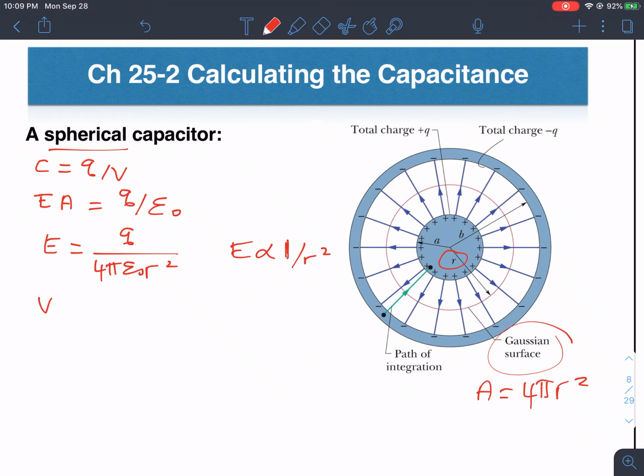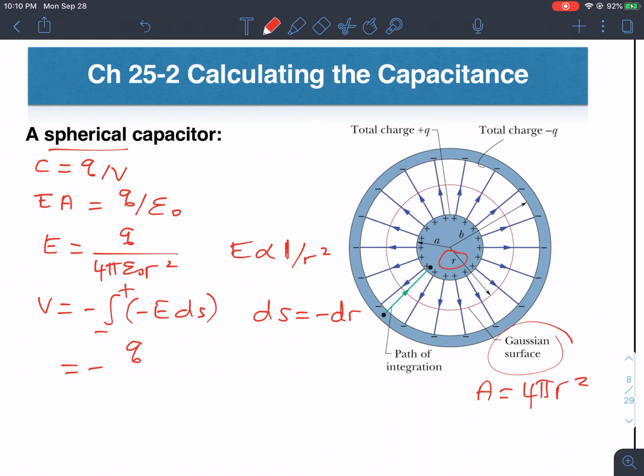So when we integrate from negative to positive, E dot ds becomes negative E ds as before. We talked about that. The negative will go away, but this is still a radial integration, so we replace ds with dr, which introduces another negative, so a negative remains, along with the electric field given above.